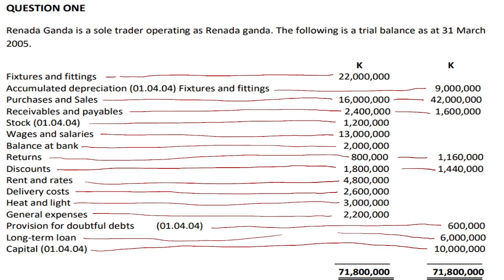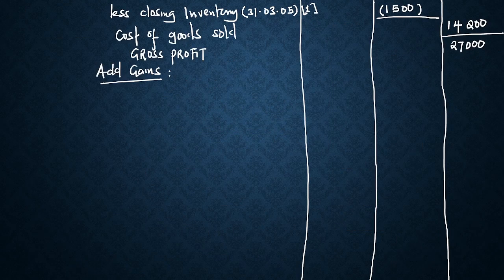Yes, we have. We have the discount received. What's the value? The value is 1,440. Okay. So we have discount received.